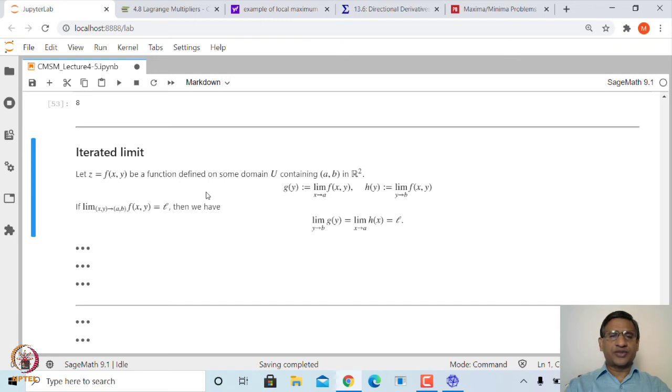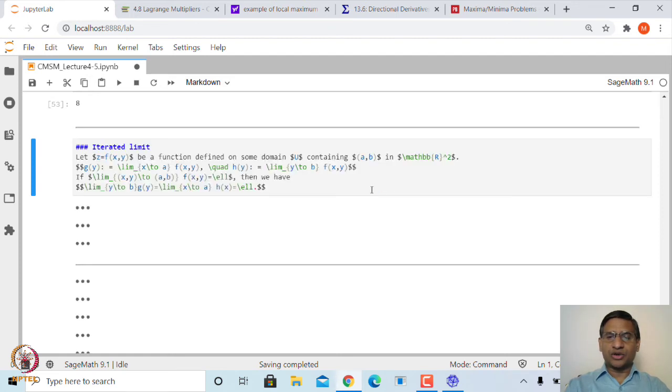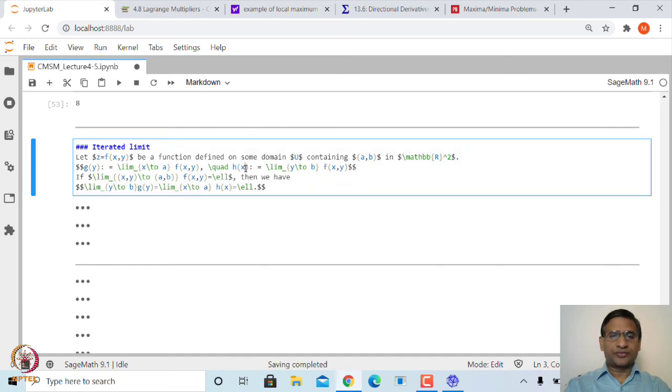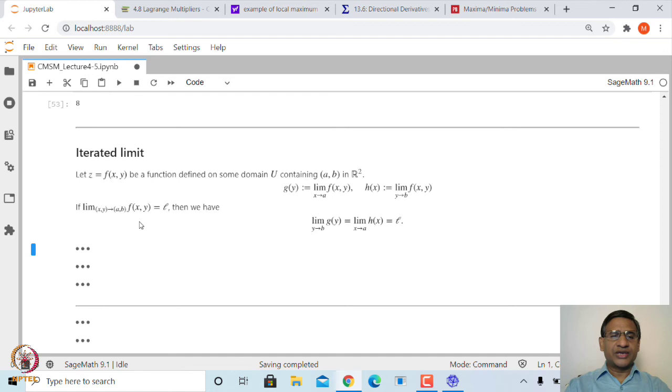So how does one define it? We just now saw that if we find the limit along x at any y, that is a function of y, so we can denote that by g(y). Similarly, the limit when y goes to b at any x will be a function of x, that is h(x).